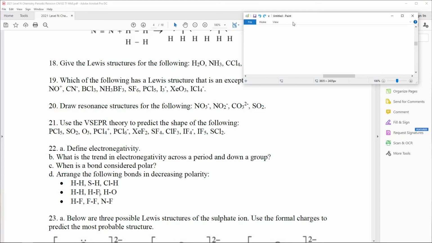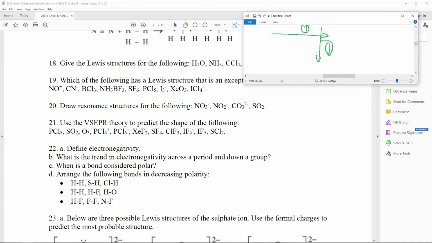Part B, what is the trend? Well, across a period, electronegativity increases, evident by literally the entire period, but if you want to select a few, N, O, F. N less than O less than F, F being the most electronegative because across a period electronegativity increases, and down a group it decreases.